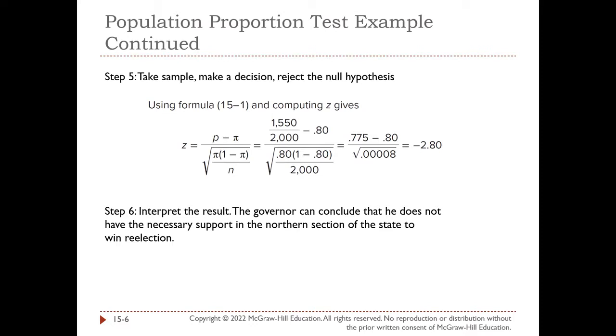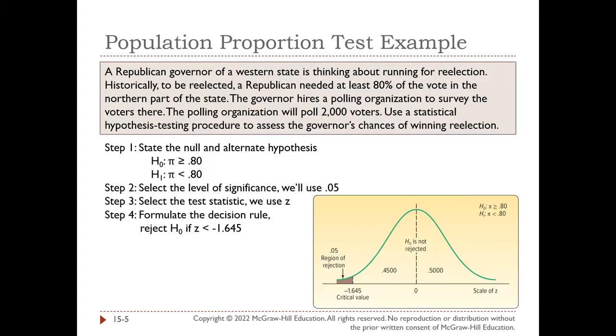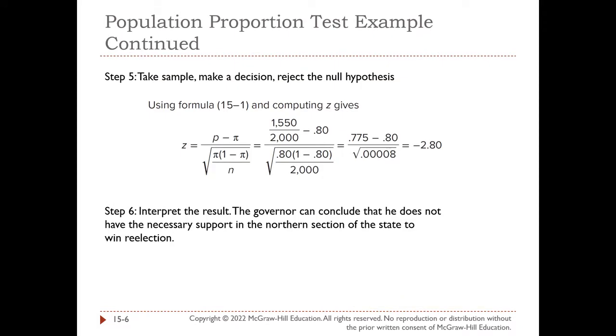We find out that it's negative 2.80, which means we're going to reject the null because it is less than our critical Z value of negative 1.645.